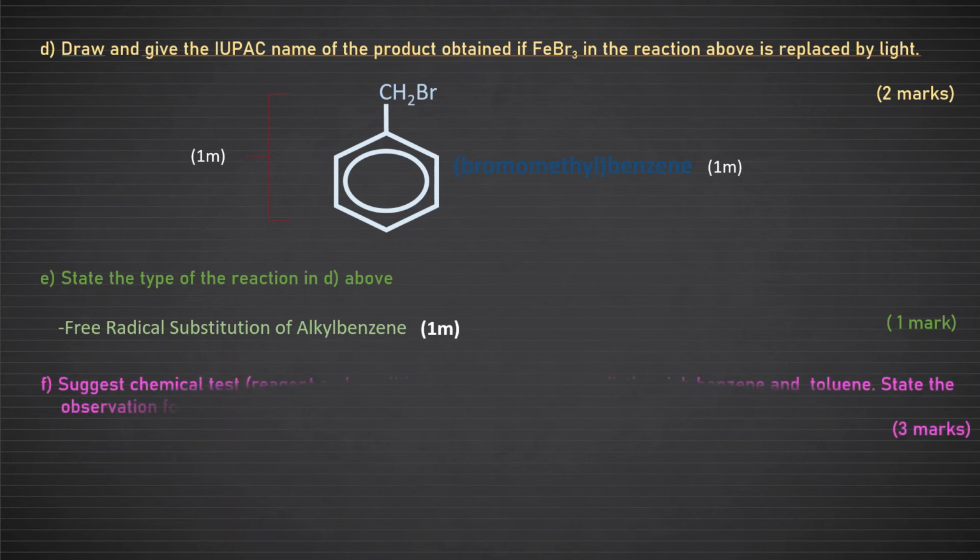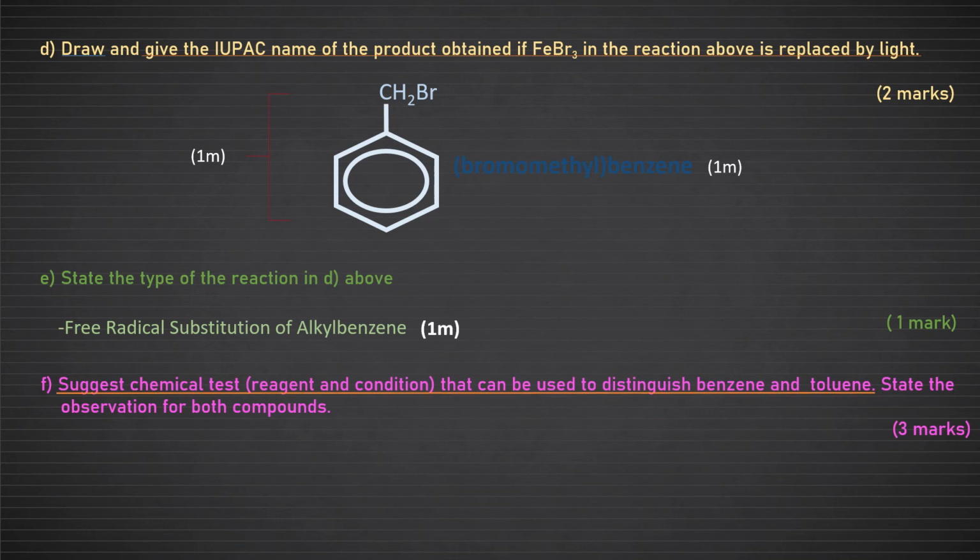Question F: suggest a chemical test, reagent and condition that can be used to distinguish benzene and toluene. State the observation for both compounds. This question also consists of two things to do, and again, it is better to underline what the question wants.